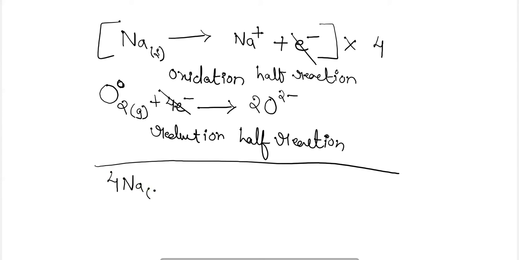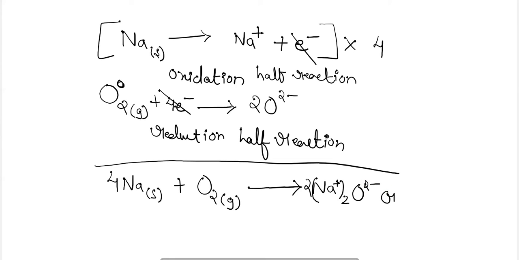4Na plus O2 gas will give 2Na2O, that is, Na plus ions and O2 minus ion, or we can simply write it as 2Na2O.